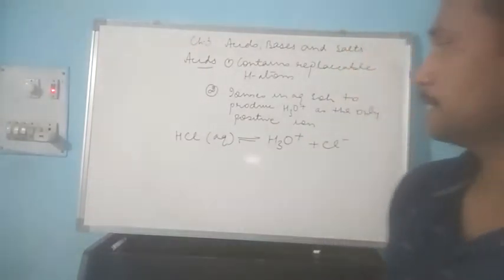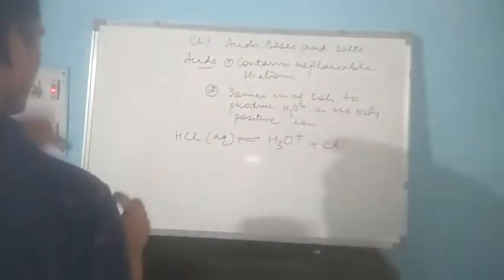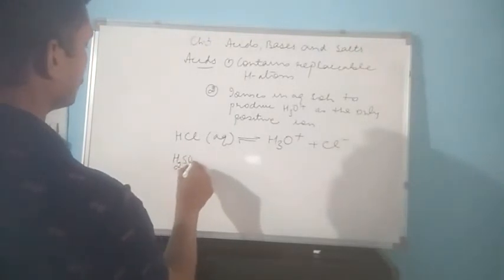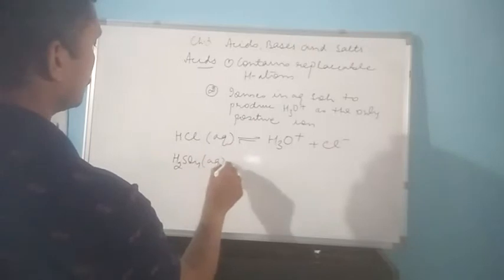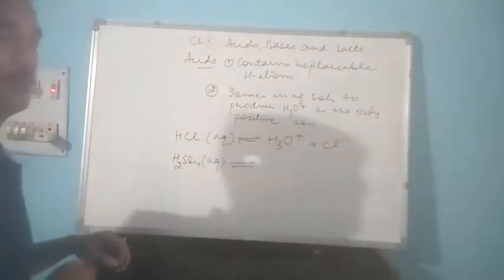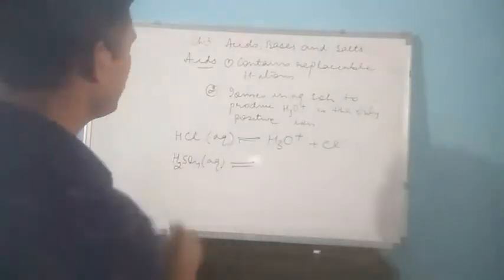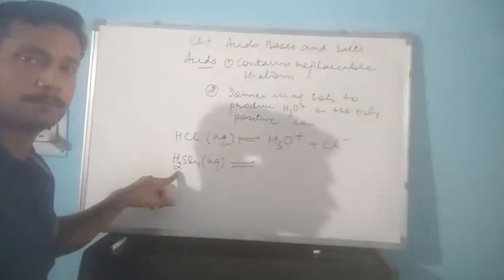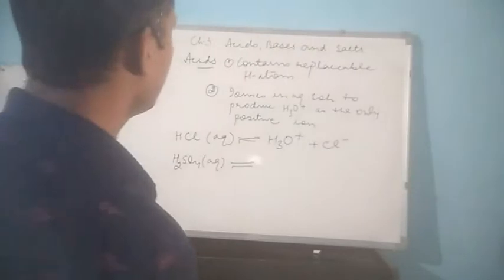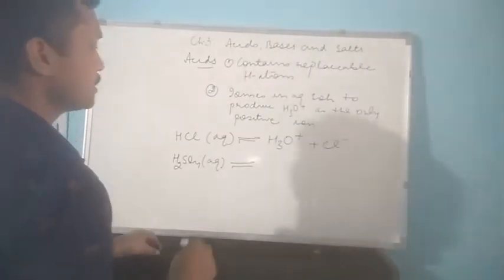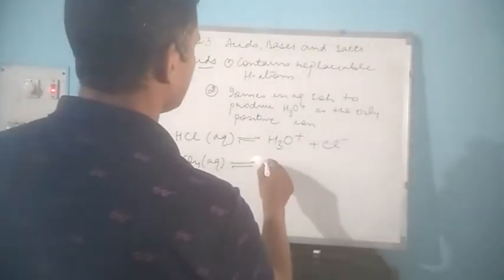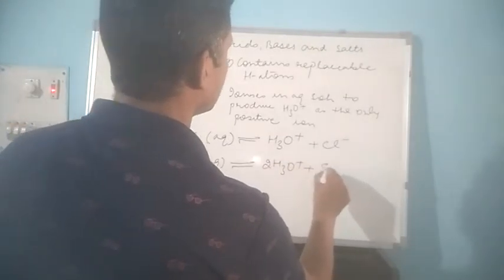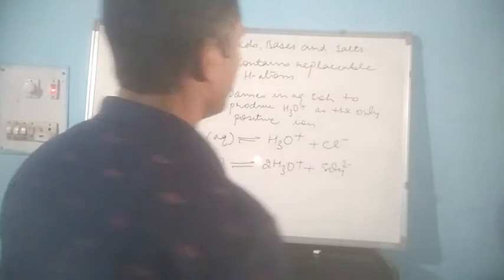Let us take one more example. Sulfuric acid, H2SO4. Now when you see this, you will find it has two replaceable hydrogen atoms, and it produces two hydronium ions plus sulfate ion.